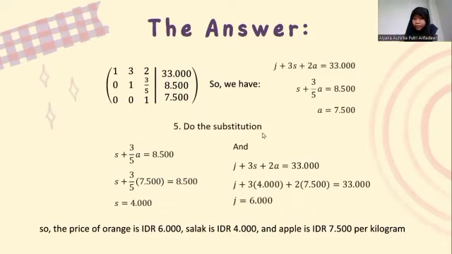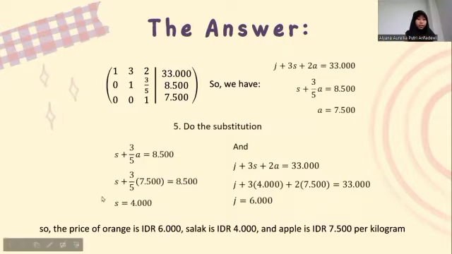Next is substitution. From A is equal to 7,500, in S plus 3/5 A is equal to 8,500, from this one, S plus 3/5 times 7,500 is equal to 8,500.